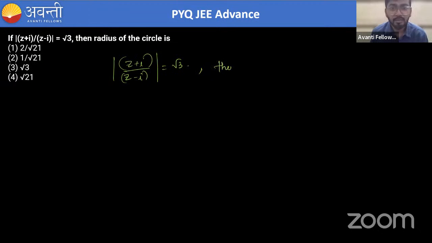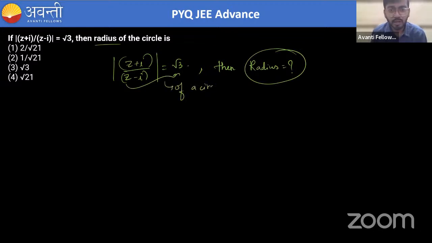Then the radius, we have to find the radius of the circle. So this equation is the equation of a circle. Okay.